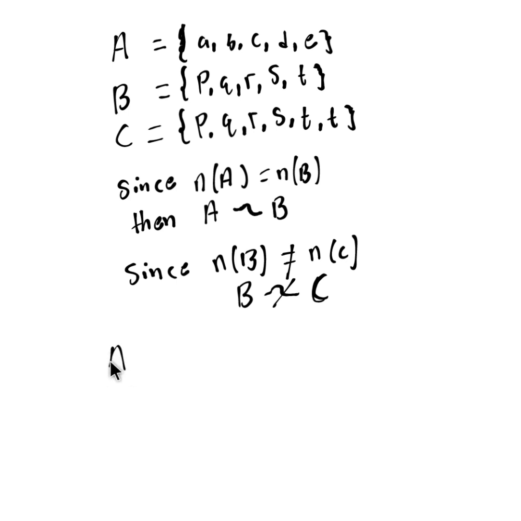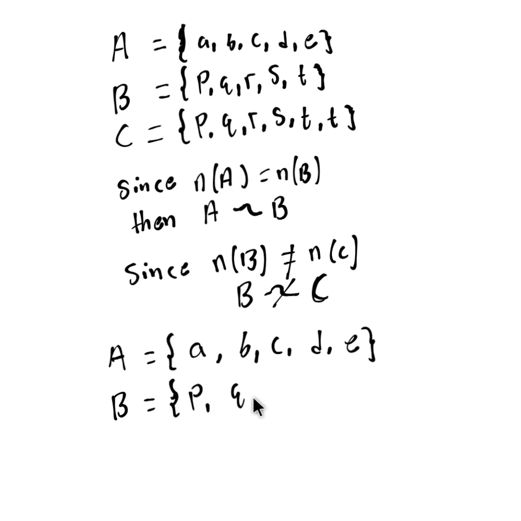Recall that set A contains 5 elements, which are A, B, C, D, and E. And set B contains 5 elements, which are P, Q, R, X, and T. Now, this is the correspondence. A corresponds to P, B corresponds to Q, C corresponds to R, D corresponds to X, and E corresponds to T.